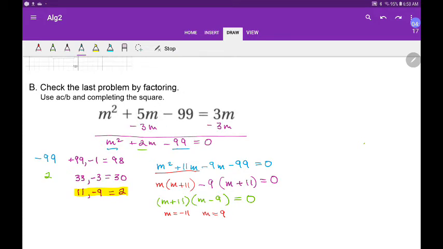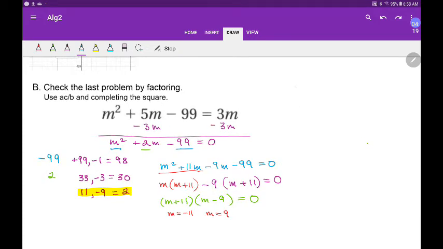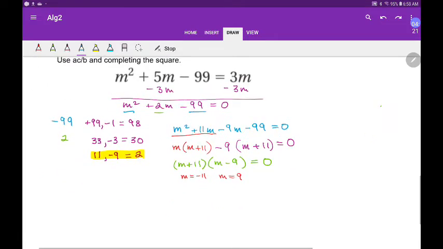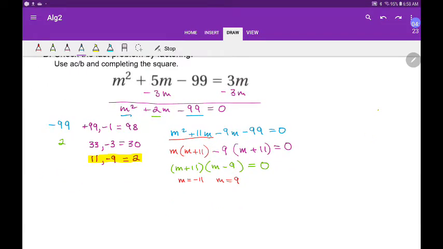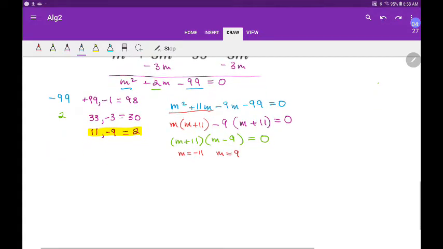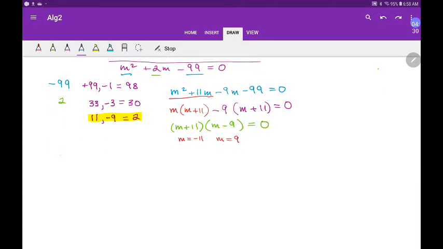And then let's see, go over here and let's complete the square. Well, maybe we'll just go down. We'll say, I'm going to use this version because I think that's easier. We will say, for completing the square, okay, so we'll say m squared plus 2m.